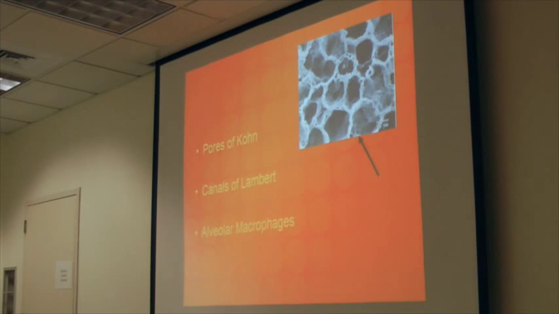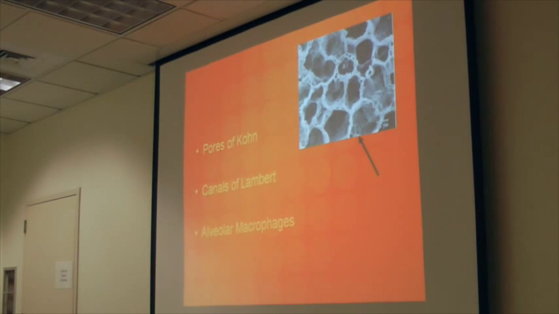Pores of Kohn. Do you remember what those are? They connect alveoli to the other alveoli. Yeah, they're openings that connect one alveolus to the other. And what purpose do they serve? So if one's plugged, you go to the next one for air.